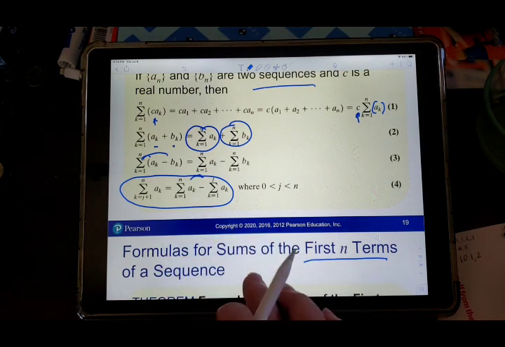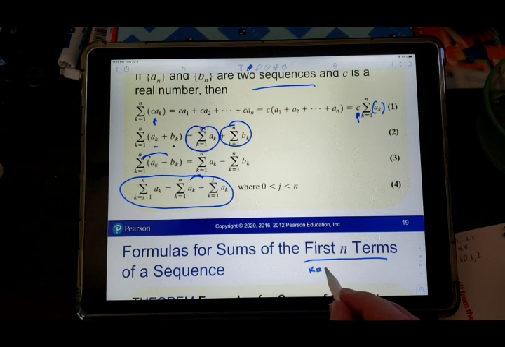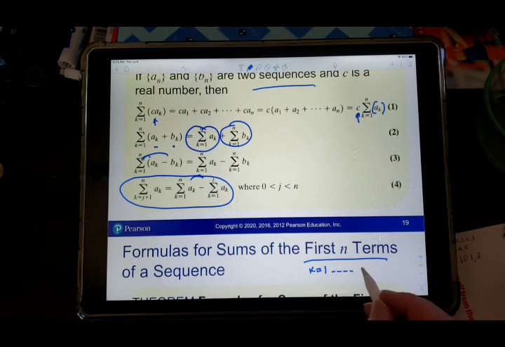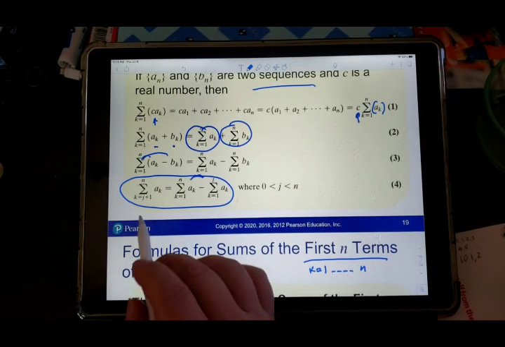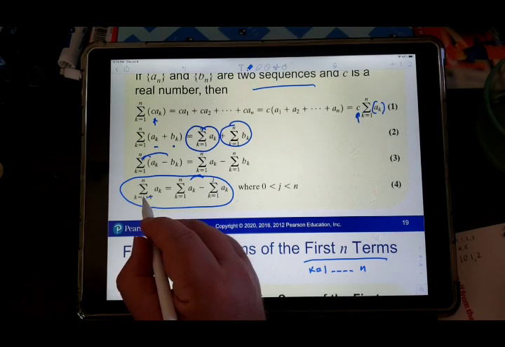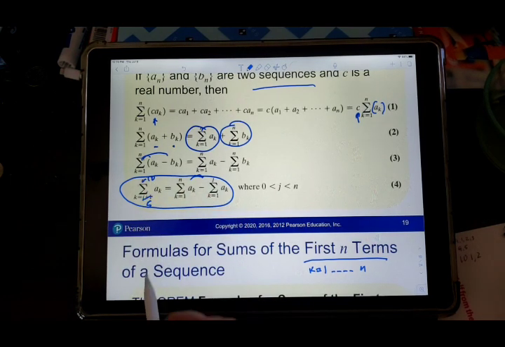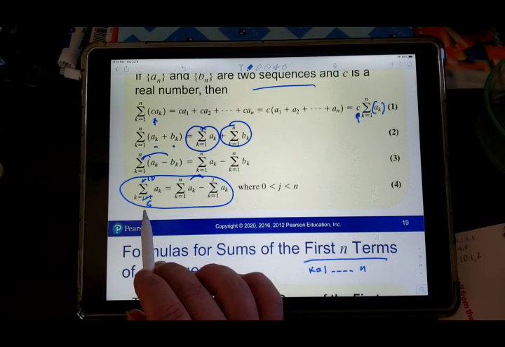So as we're going to see in the very next slide, we have ways of finding the first n terms. When I say first n terms, that means k starts at 1 and goes to n. What if you didn't want to find the first n terms? What if you wanted to find from 5 to 10, but you didn't have a formula for finding 5 to 10?